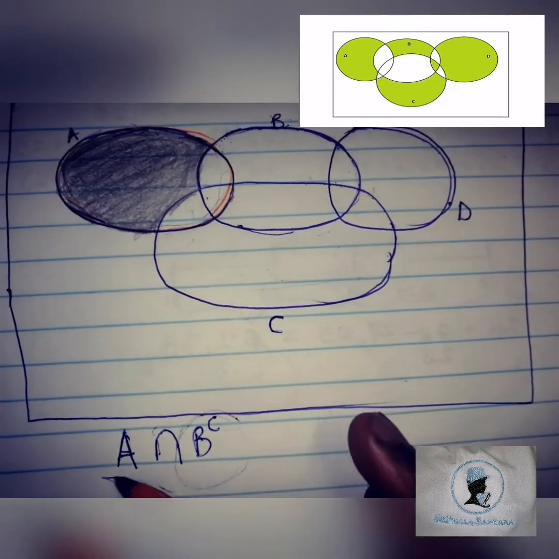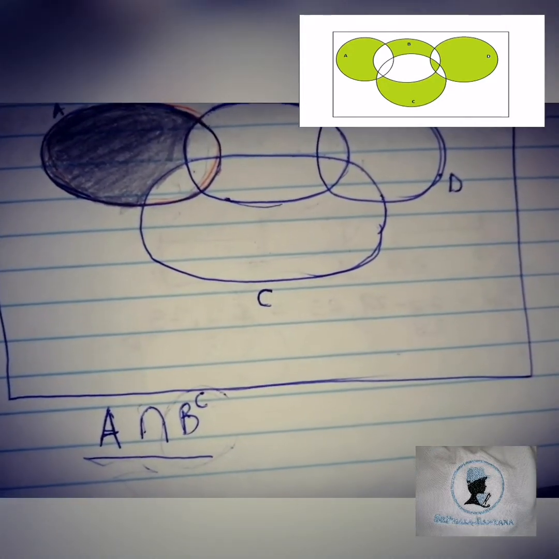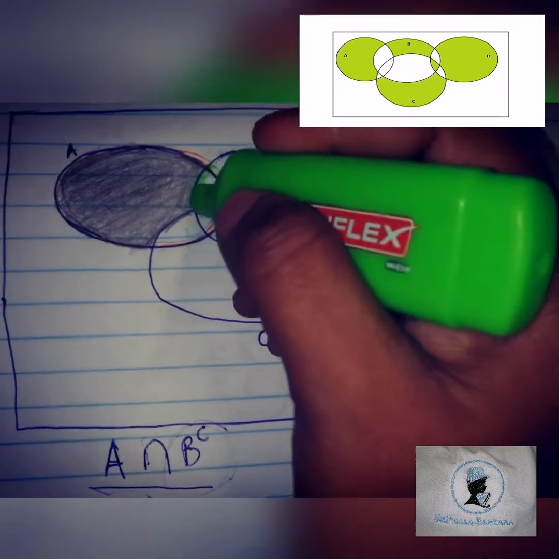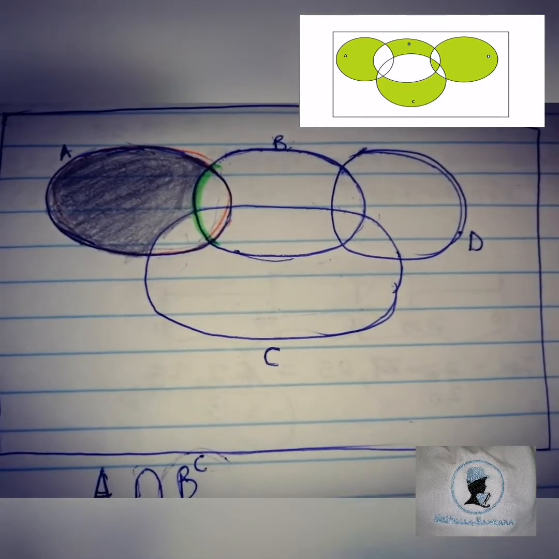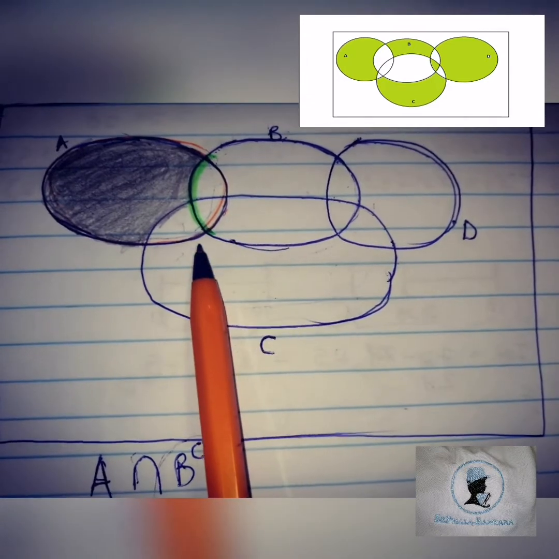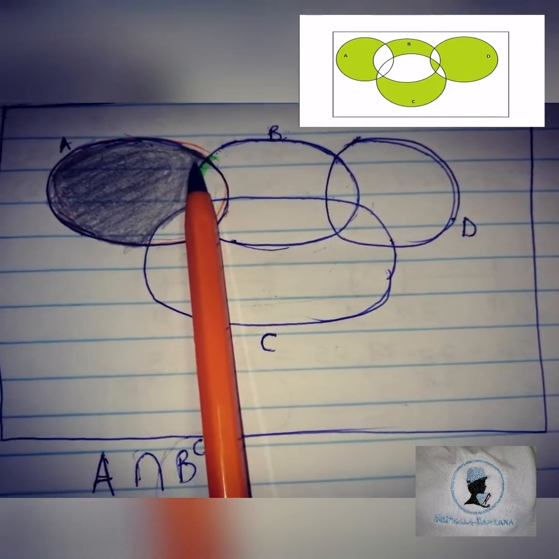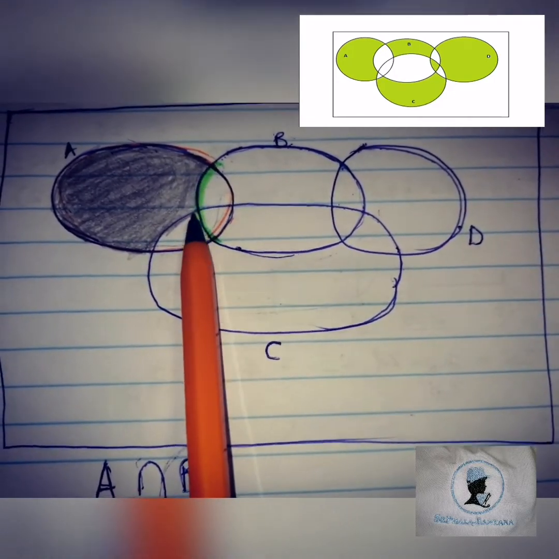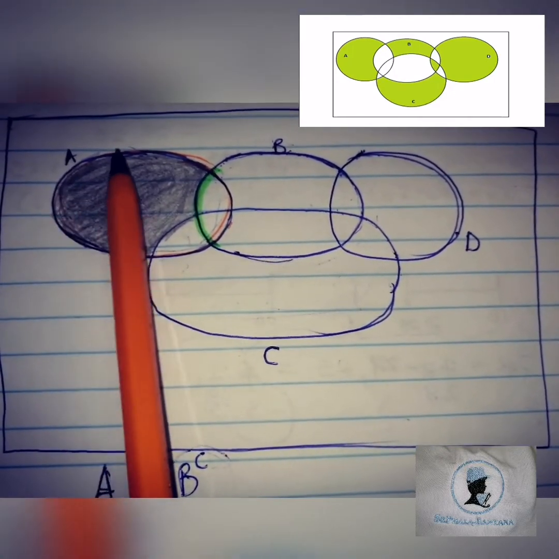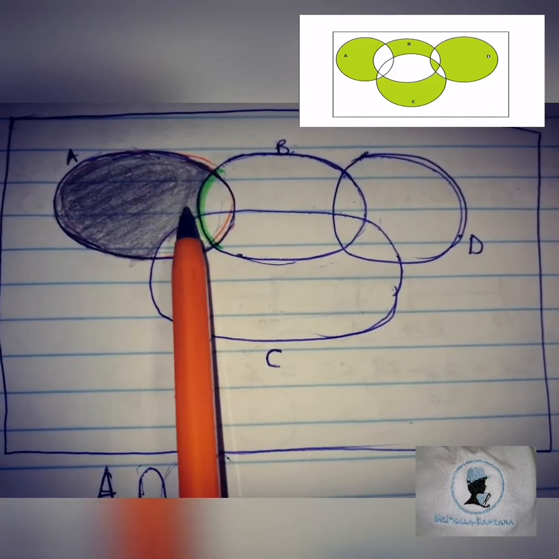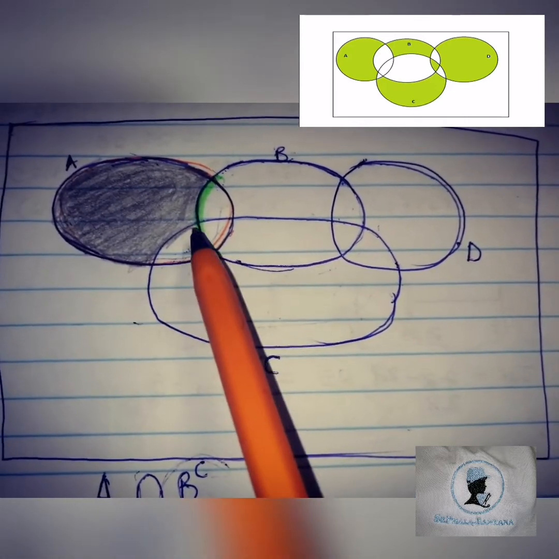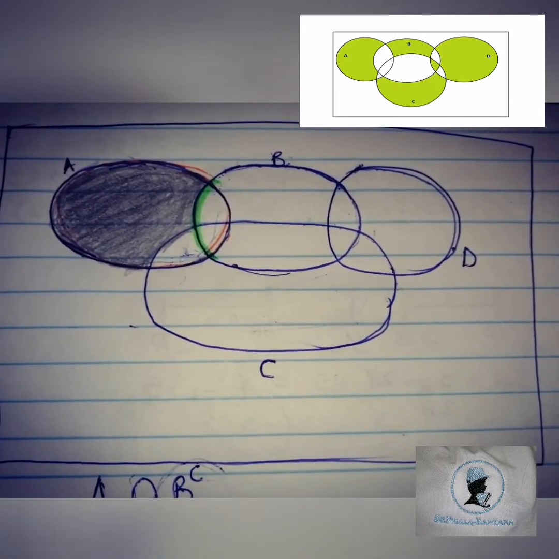So thus far we've shown that when we're saying A intersect with B complement, we are referring to this part, but there's still this part that is also not shaded, so we need to account for that.